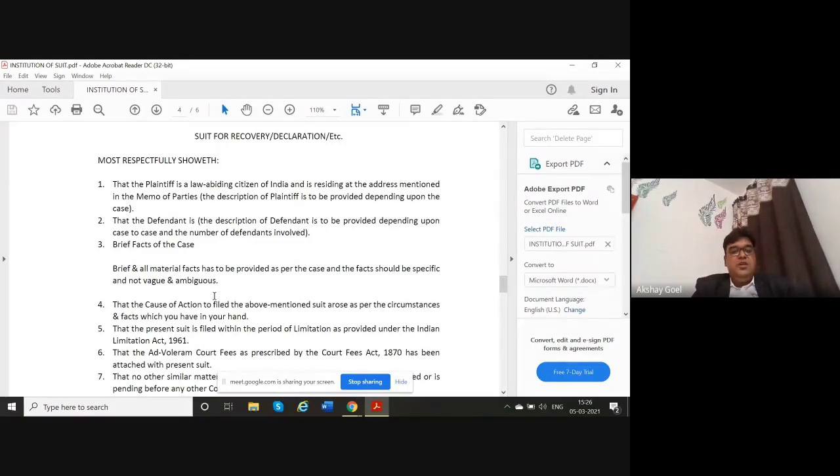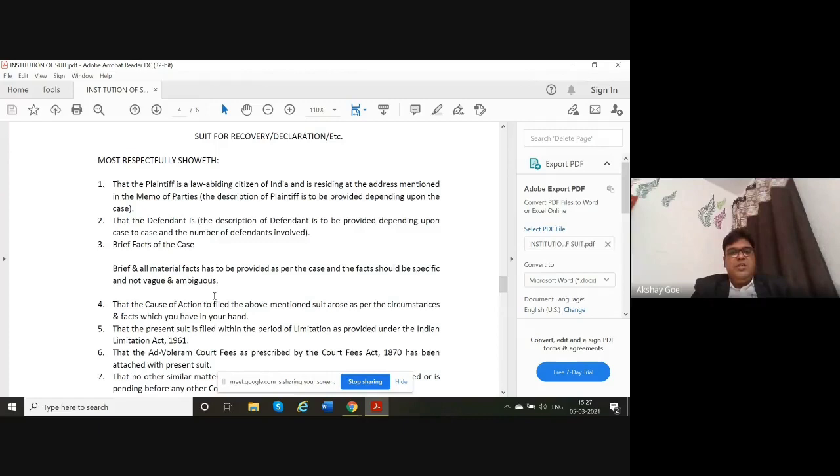Now comes the court fees clause. The court fees depends upon the Court Fees Act, and also it depends upon state to state. Whenever you become an advocate, you will get a law referencer or law diary. It mentions the chart where the court fees is defined for each and every state.